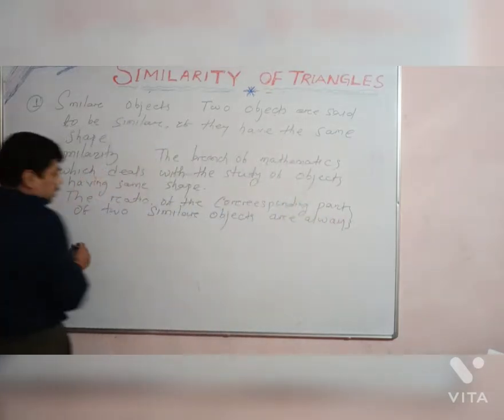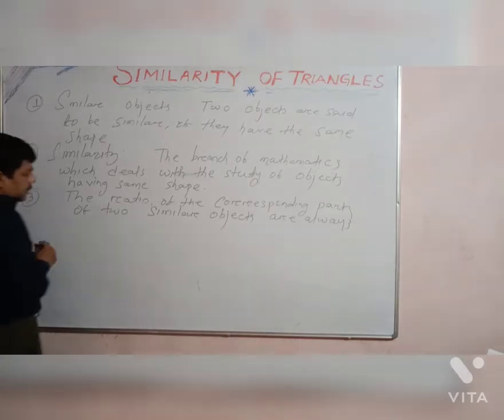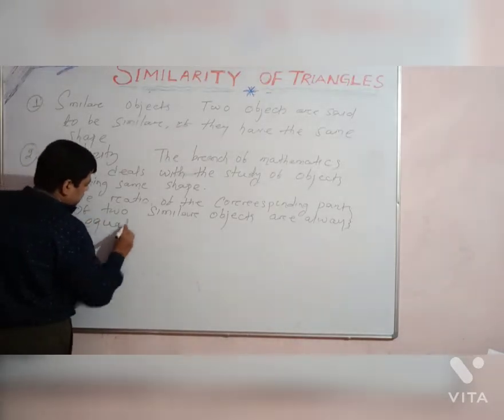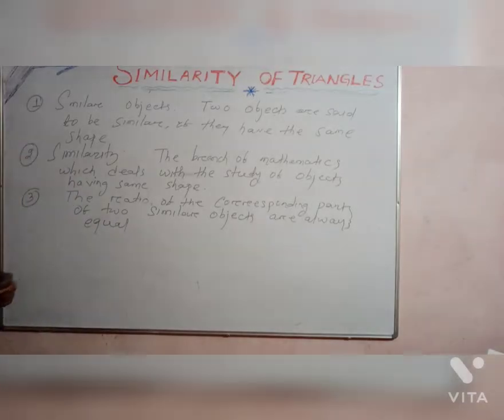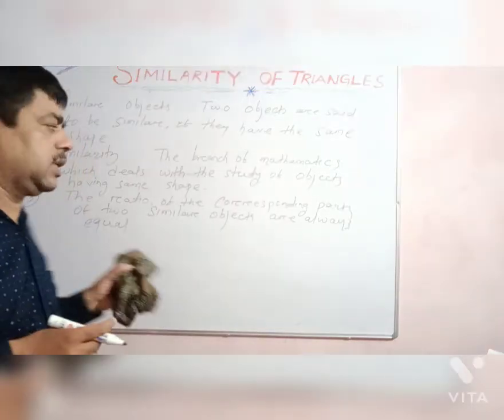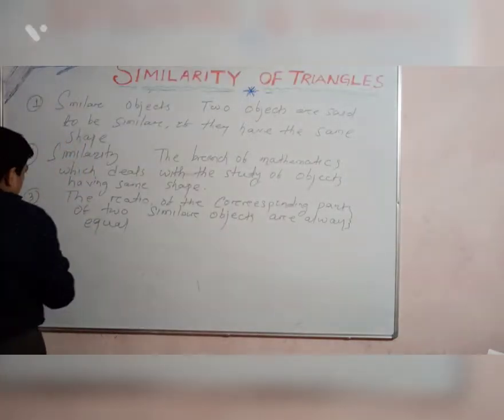This is the most important concept to learn similarity. If you find the length of the corresponding sides, the corresponding parts, and find the ratio, and if the ratios are equal, then we can say the two objects are similar.